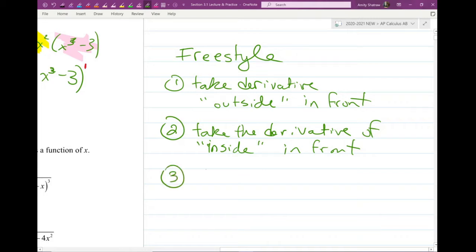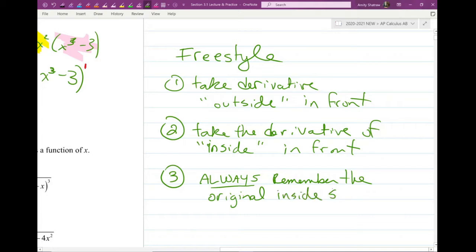And then 3, always remember the original function should still be in your answer.